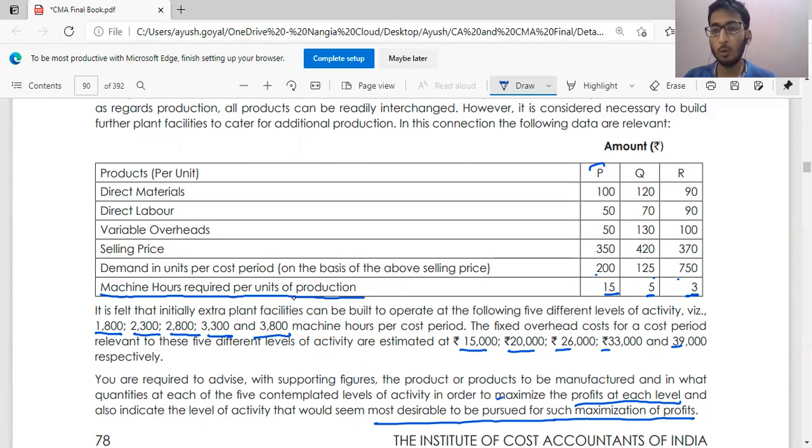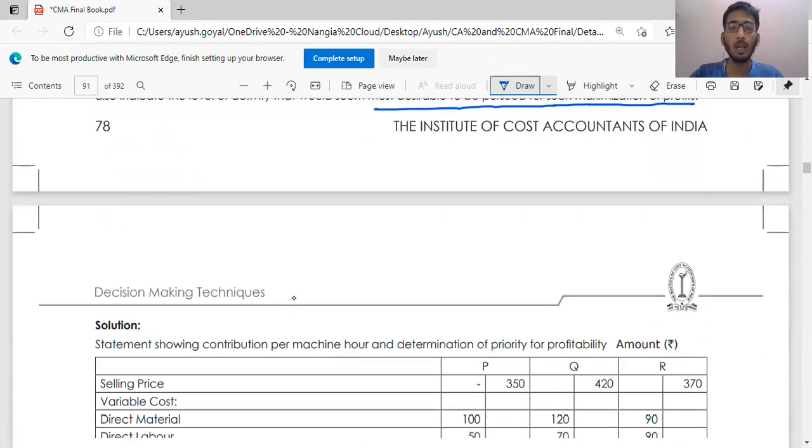So basically, we need to check which product mix decision would be best at all these 5 levels, like at the level 1800, 2300, 2800, 3300, 3800. Okay, so this is basically asked.